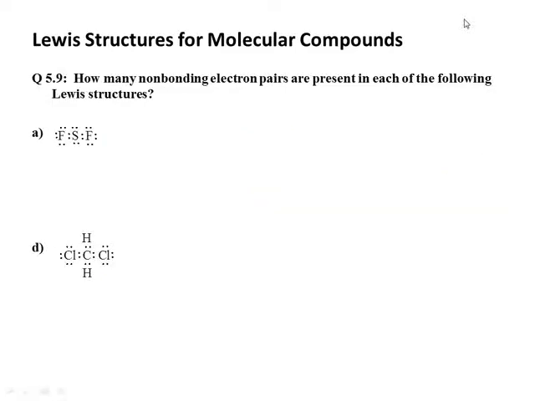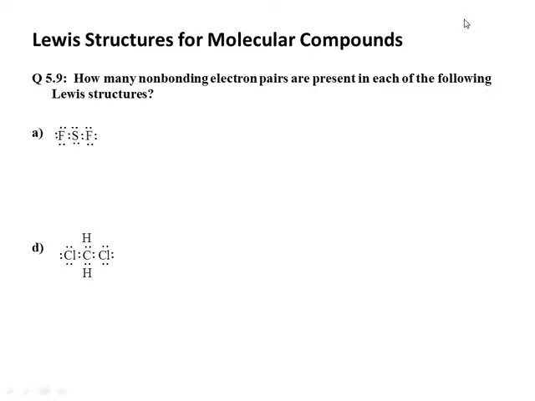Okay, how many non-bonding electron pairs are present in each of the following Lewis structures? So all we have to distinguish here are the shared electron pairs from non-bonding electron pairs. So non-bonded electron pairs are those that only belong to one single atom and are not shared by 2 different atoms.